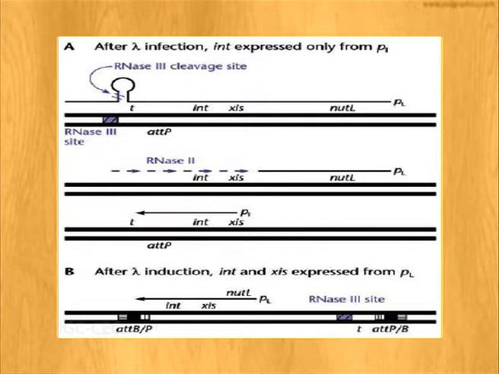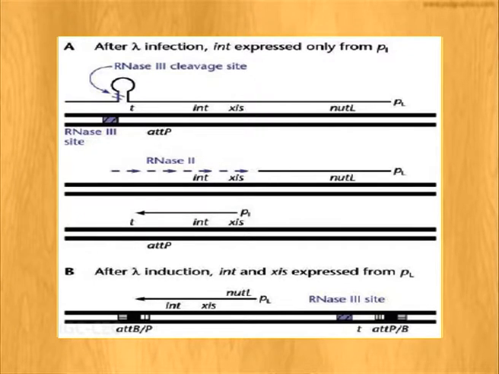RNase III cleaves here, then RNase II chops the RNA. So, though both INT and XIS genes are present on the same transcript, they are not translated into proteins. So, after infection, these two proteins are not synthesized from the PL promoter.